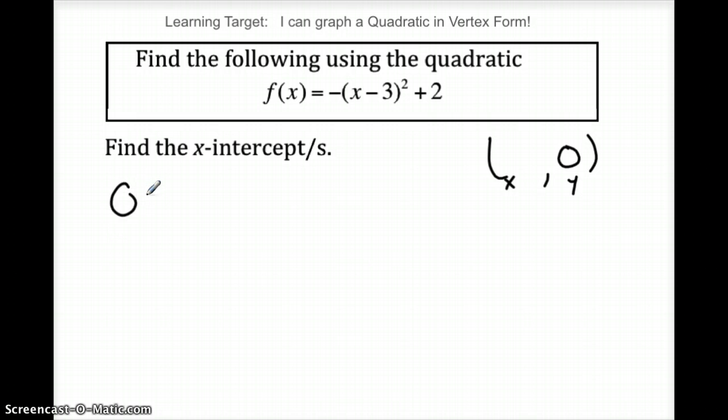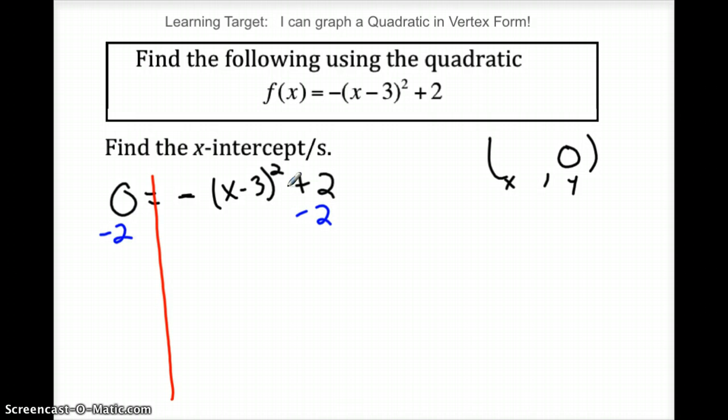So let me plug 0 in for y, but it's kind of like standard form. Ooh, it doesn't look like that helps us out much, does it? I've got to solve this for x, and in standard form, we factored or used the quadratic formula. Not happening this time. Because we have these parentheses, we're actually doing the square root method. Our objective is to get the parentheses squared by themselves. So I need to subtract 2 from both sides.